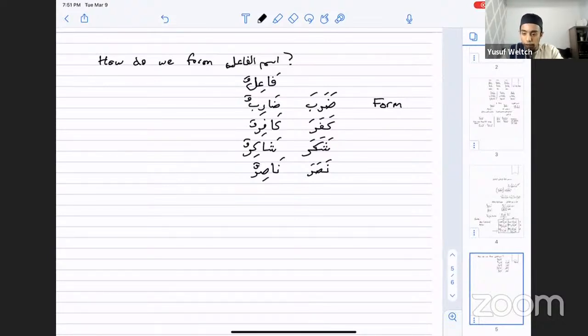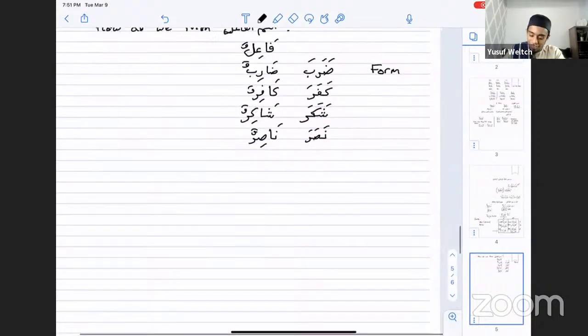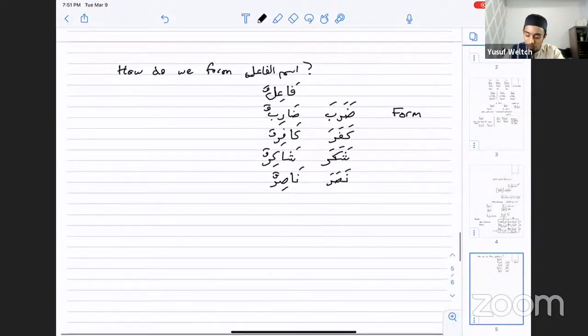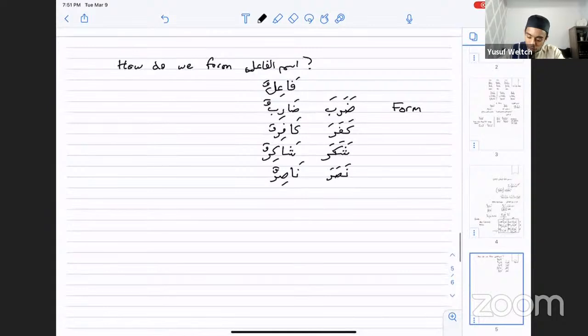Is that past or present tense? Past. The one who helps, is that past or present? It's an ism, so it shouldn't matter. It should be the same. Yes, right. So nasara is past tense, but nasirun is without tense. It's a noun. Good. Okay.